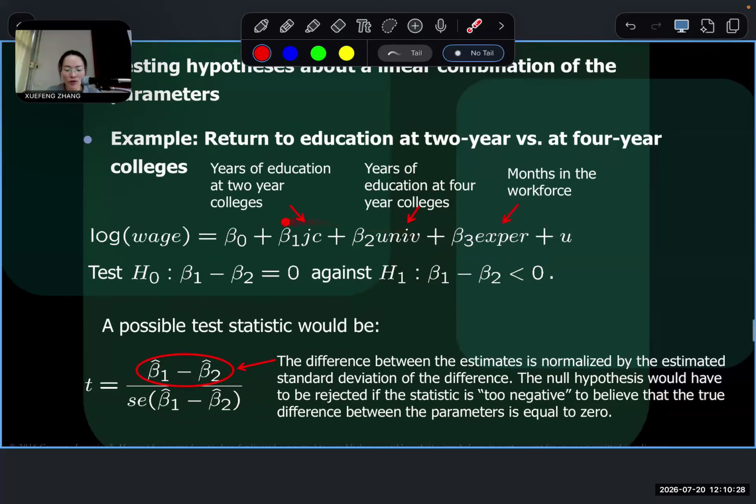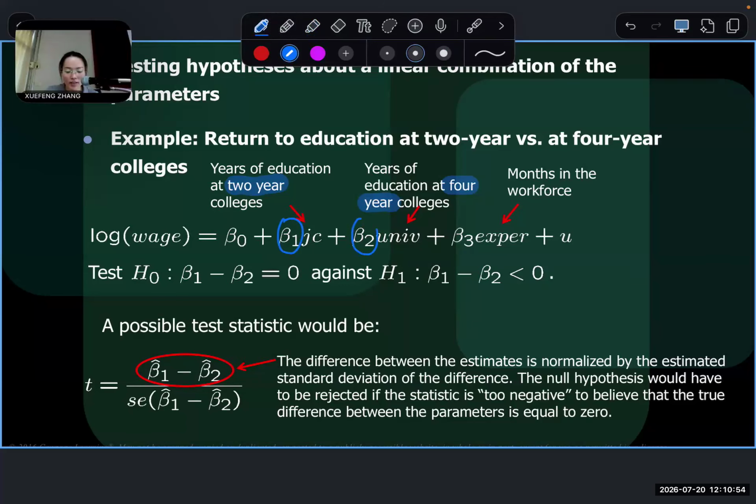So the question is, you see, beta 2 means years of education at a 4-year college, and beta 1 is years of education at a 2-year college. So right now we want to test the difference between a 2-year college and a 4-year college. That's why we take beta 1 and beta 2.